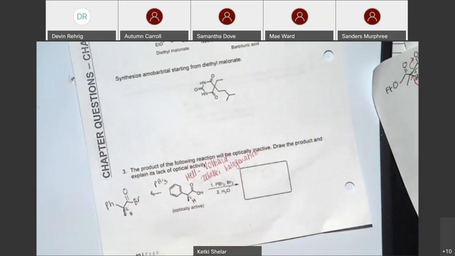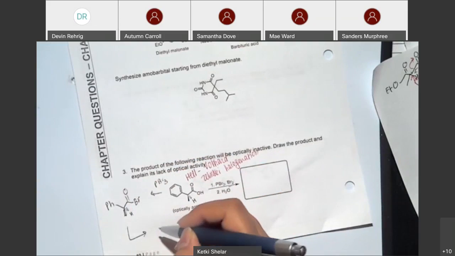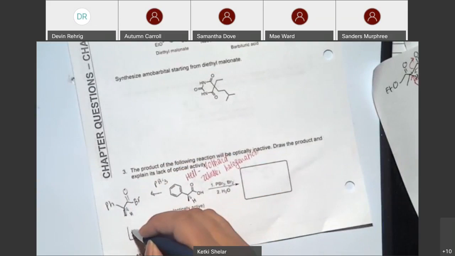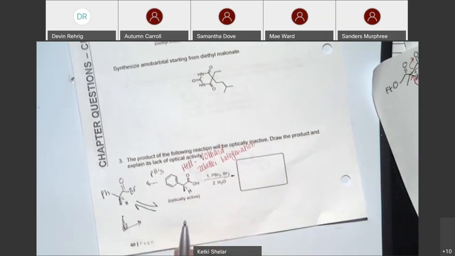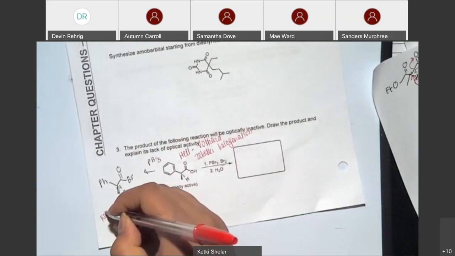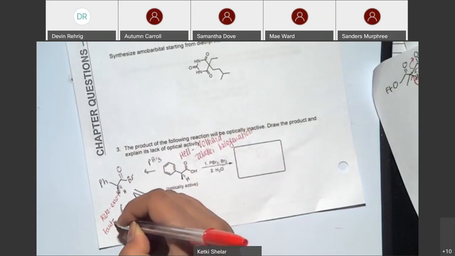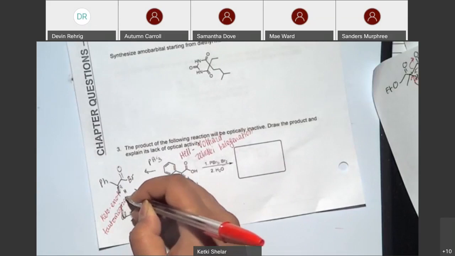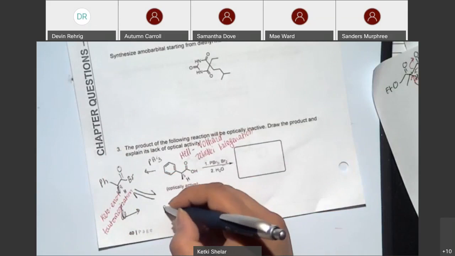Okay. Afterwards, there is a reaction, I would say, a keto-enol tautomerization.